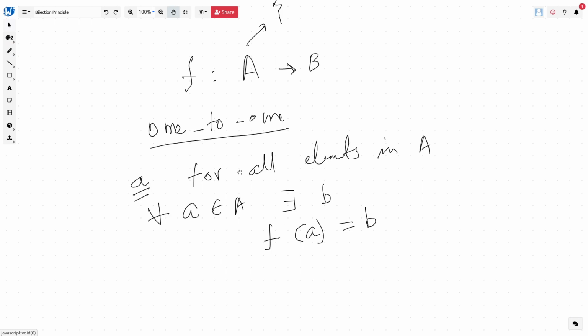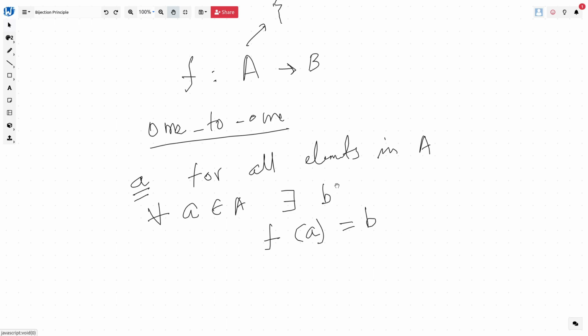So you can see that we are using this language of mathematics. For all a belonging to A, there exists a b such that f(a) is equal to b. Meaning for all elements in A, there should be a unique element in B, and this needs to be unique.